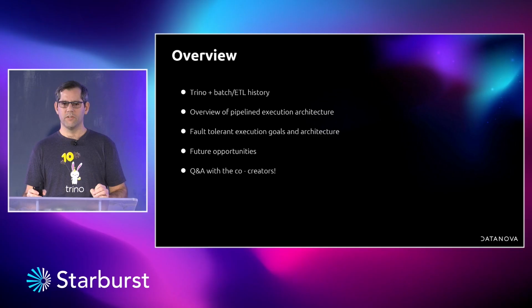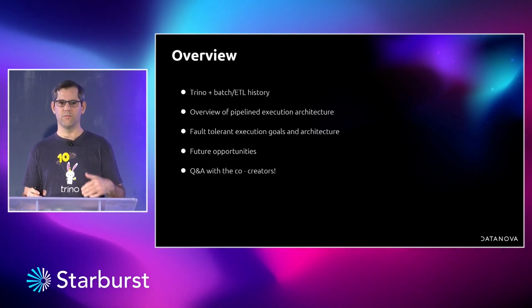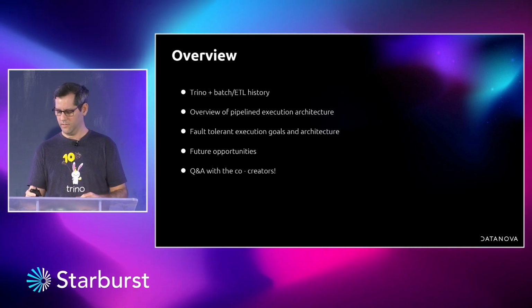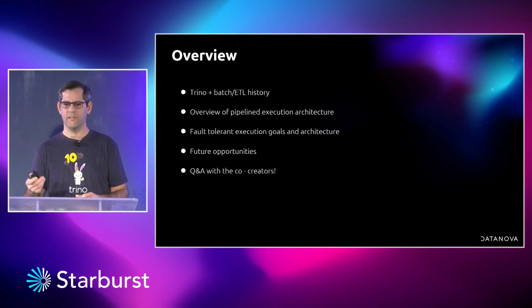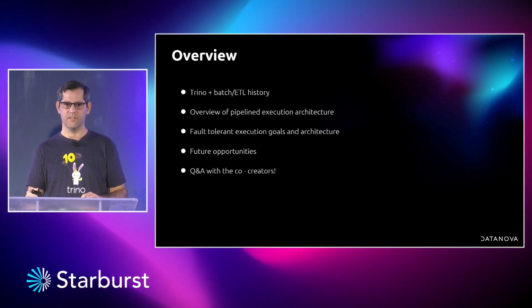Then we're going to conclude with some of the future opportunities and possibilities of what will come after we keep going with development of this feature. And then at the end, of course, Dane and David will be live answering questions with me.